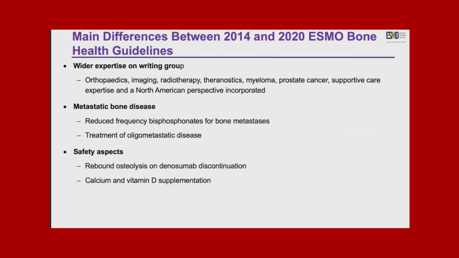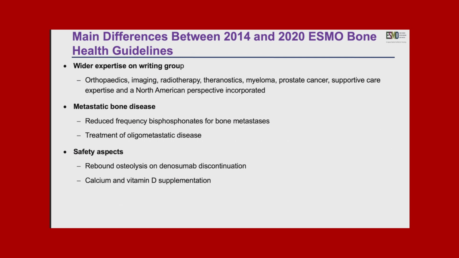There are 3 points. One of the most important is the multidisciplinary approach to patients with bone metastasis, and the decisions have to be taken by multiple specialists: orthopedics, radiotherapists, prostate cancer specialists, and supportive care specialists.